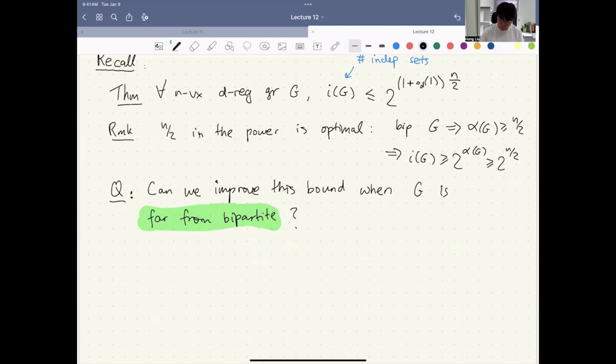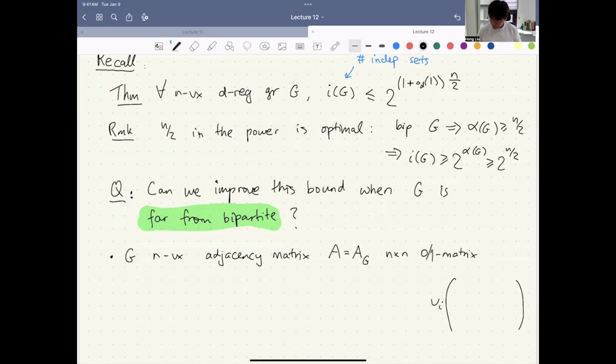So again, recall for a graph G, let's say with n vertices, the adjacency matrix A. Usually I should specify this is the adjacency matrix for graph G, but let me omit the subscript G. This is basically an n by n 0-1 matrix where each row and column represents the vertices in the vertex set, and at the ij entry, you put 0 or 1, depending on whether vertex i and vertex j are adjacent or not.